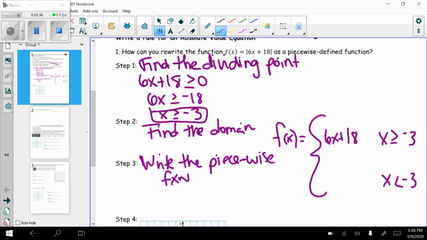Again, when they come out, they're positive, but they started out being negative inside. So all I have to do is take what I started out with inside the absolute value, the 6x plus 18, and change the sign of everything. Take the opposite of each of them. So the opposite of 6x is negative 6x, and the opposite of plus 18 is minus 18. So that is the absolute value of 6x plus 18 written as a piecewise function.